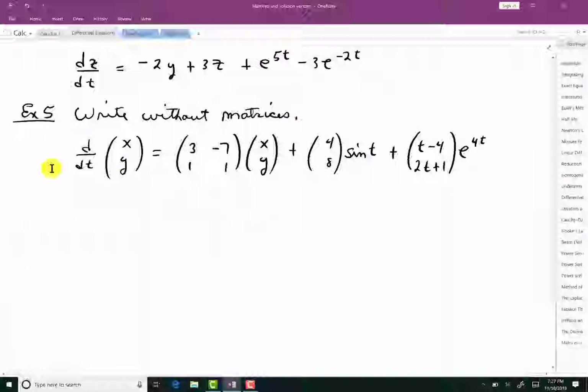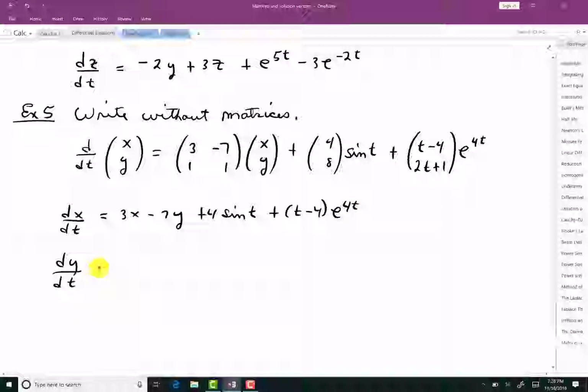So to rewrite this as a system of equations, do the same thing. Just go row by row. Starting with the first row, I'll get dx over dt. That'll equal 3x minus 7y plus 4 sine of t plus t minus 4 times e to the 4t. And then dy over dt.